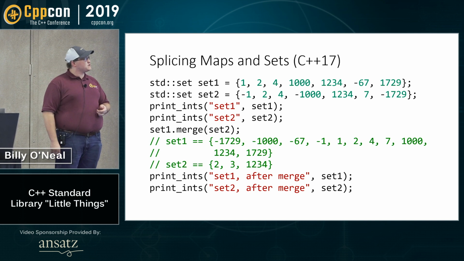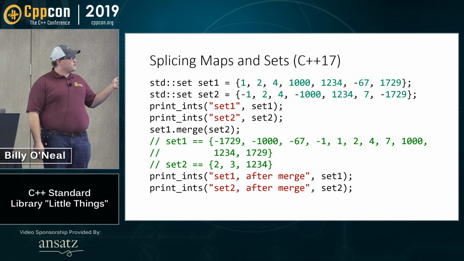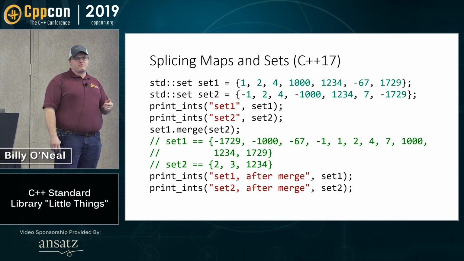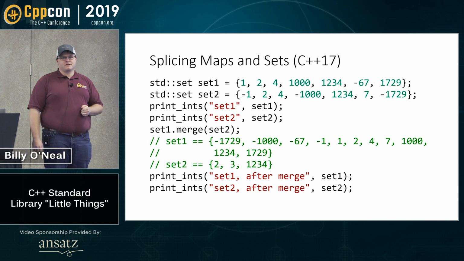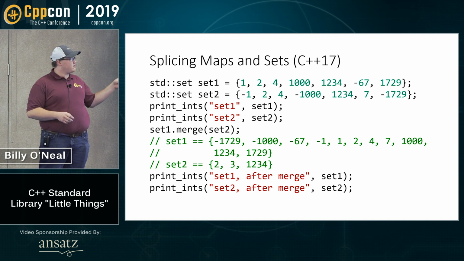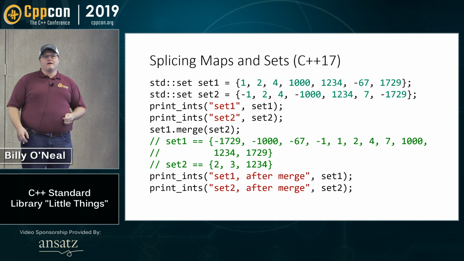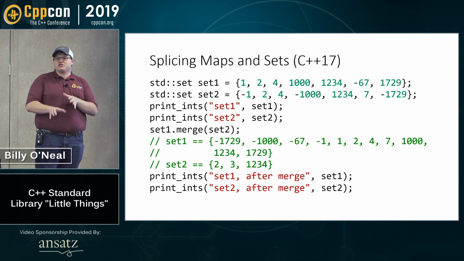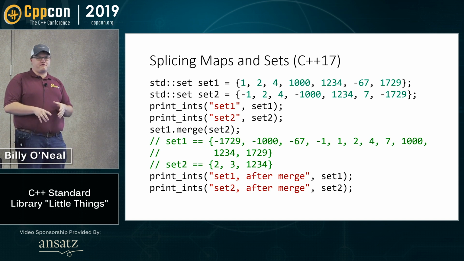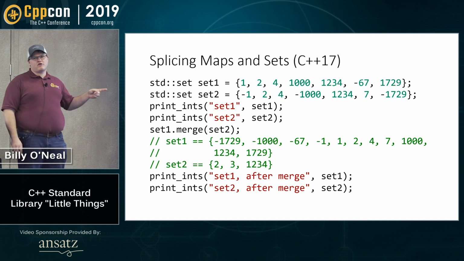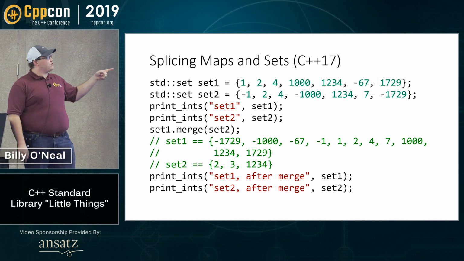So here, if we were to run this program, the element -1 in set 2 is not in set 1. So the element -1 is going to be spliced over into set 1 by this set1.merge(set2) call. And this splice happens without physically changing the memory address of the -1. But 2 was already in set 1.